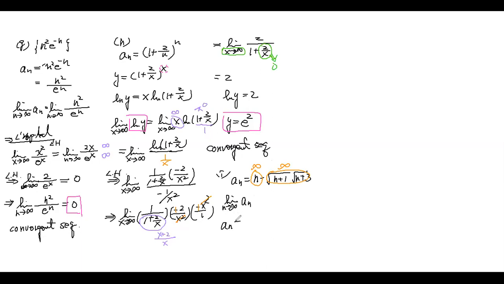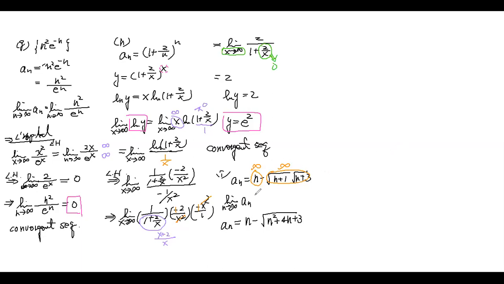These two square roots, I'm going to combine, so it will be n plus 1 times n plus 3, which is n squared plus 4n plus 3.